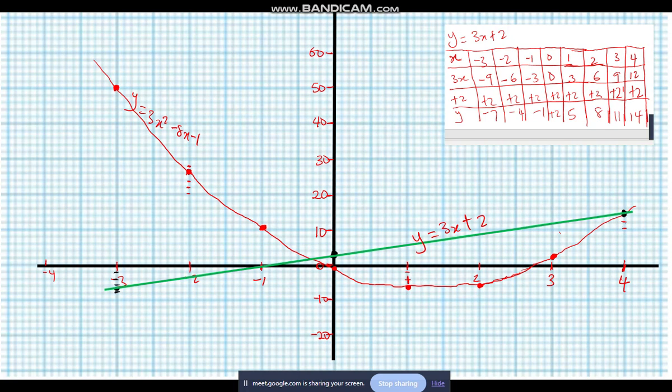We got x equal to 0 because the curve cut x at 0, and it also cut x at 2.7, because this is 2, 2.5, 2.6, 2.7. So it cuts the graph at 2.7.